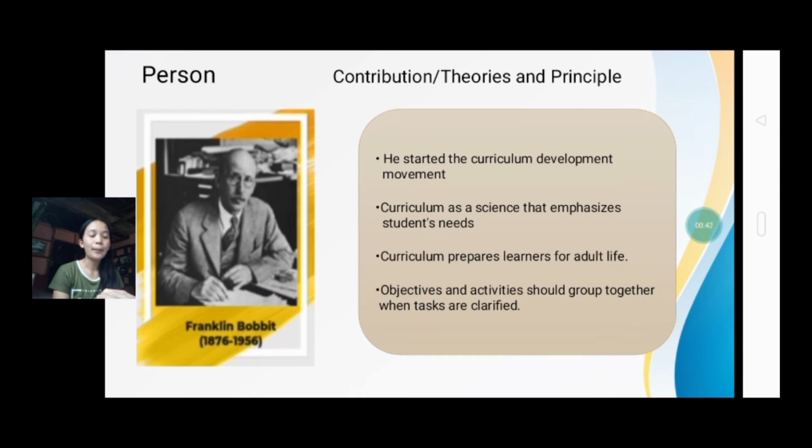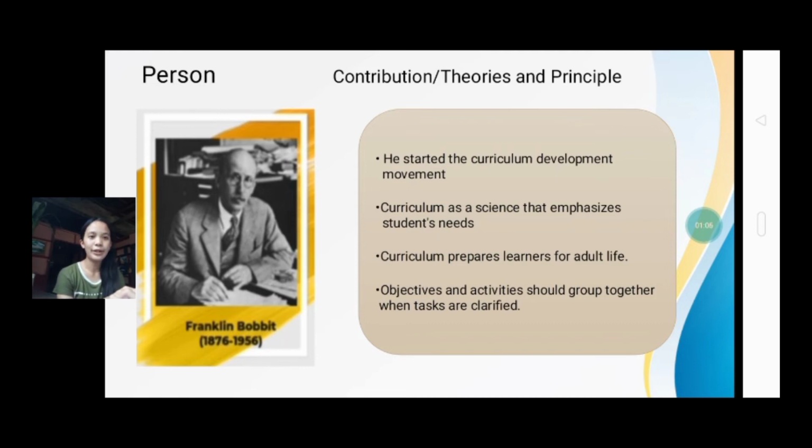Franklin Babbitt is a professor of educational administration at the University of Chicago. He developed two famous books, The Curriculum of 1918 and How to Make a Curriculum of 1924. So Franklin Babbitt started the curriculum development. Curriculum is a science that emphasizes students' needs.